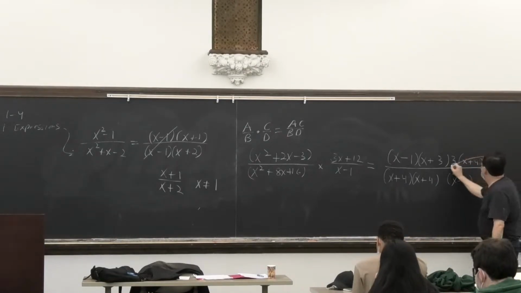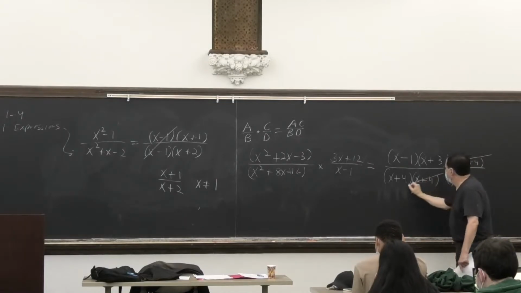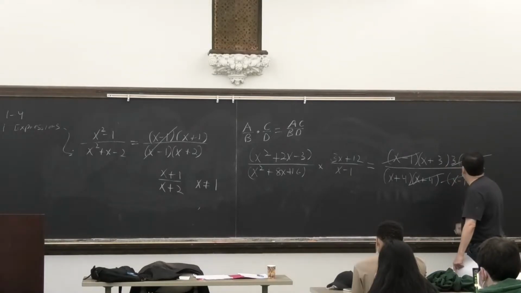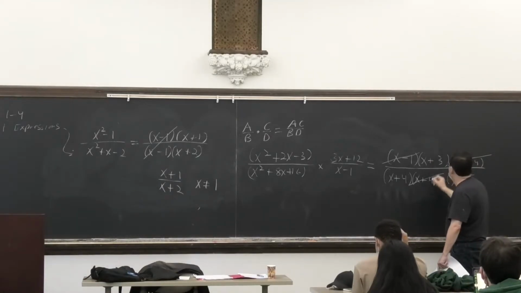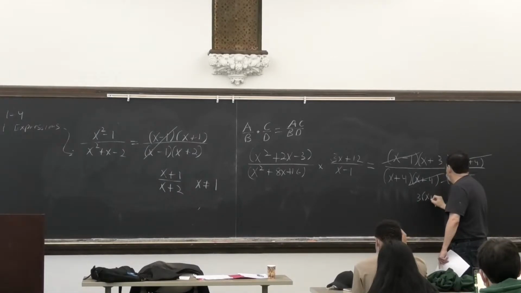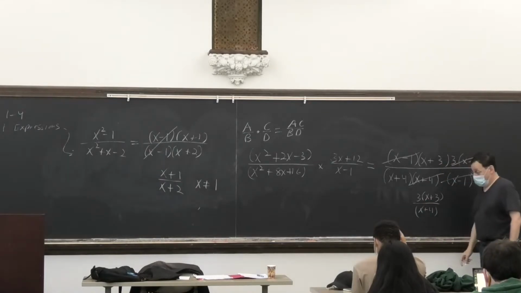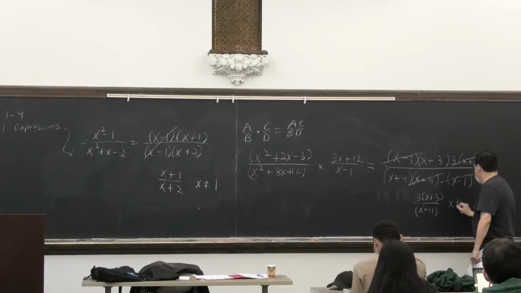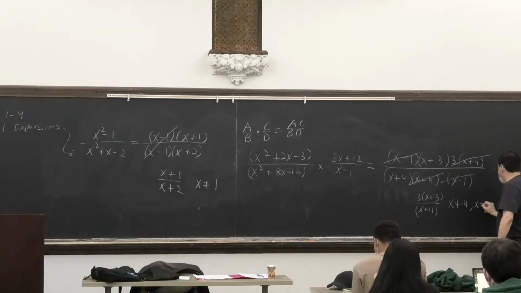Oh, okay, so now we can cancel the x plus 4, one of them. Cancel the x minus 1. And we end up with 3 times x plus 3 over x plus 4. Remembering that x cannot be minus 4, and x cannot be 1.